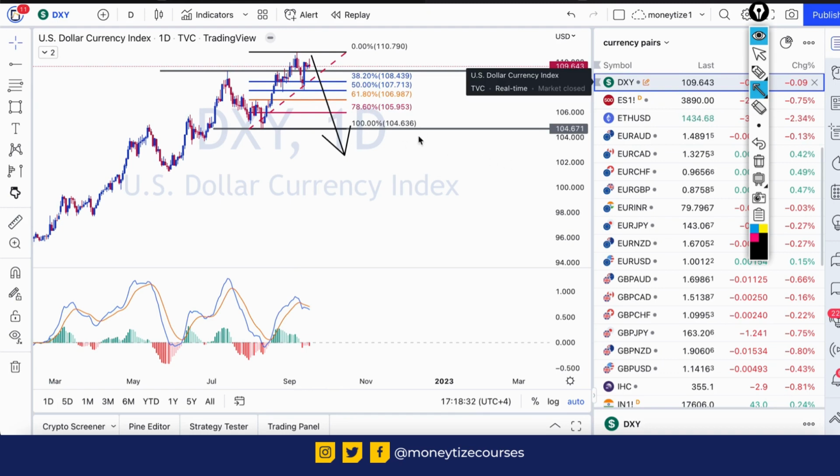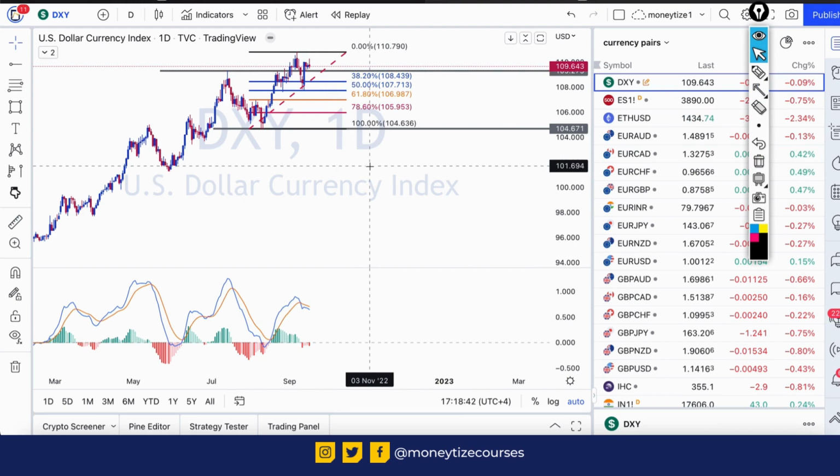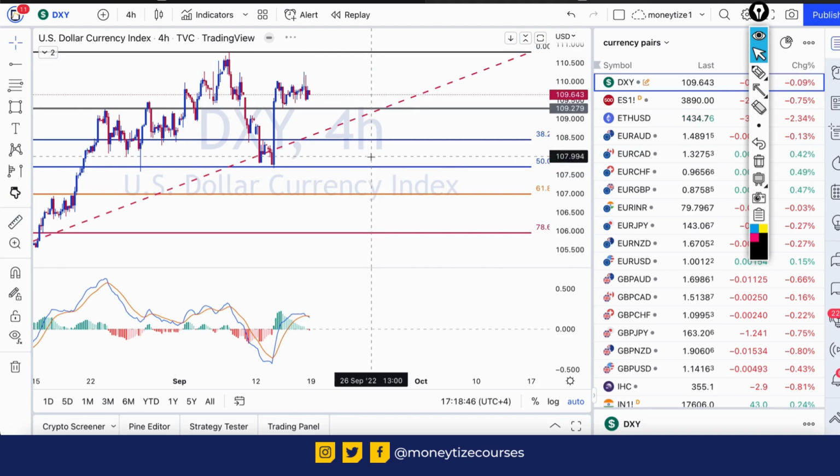It's quite far from the current levels, so it doesn't make any sense. So daily is just under bearish divergence, nothing more than that. So let's quickly move to 4 hourly.